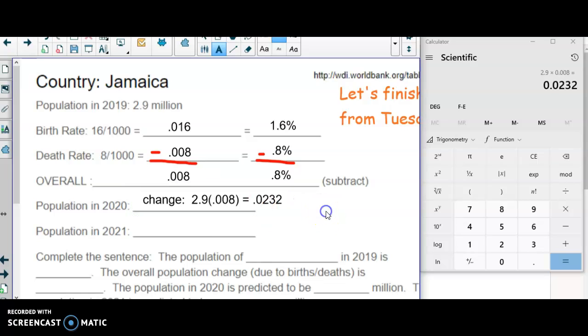Okay, so our population is where we add the original amount, the previous amount, plus our change. So we're going to add those two things up.